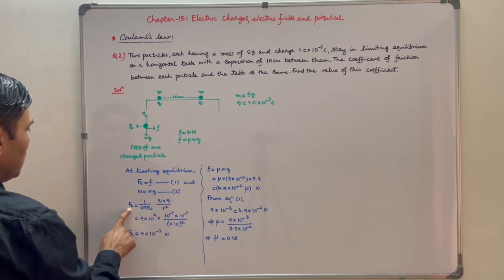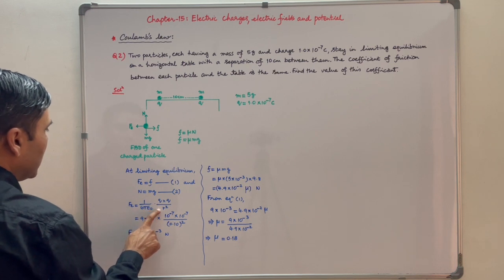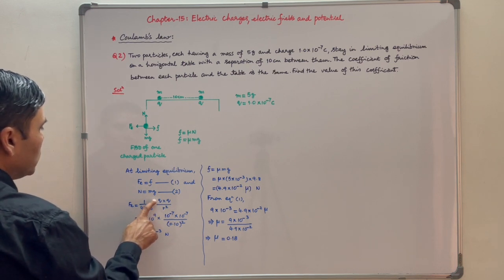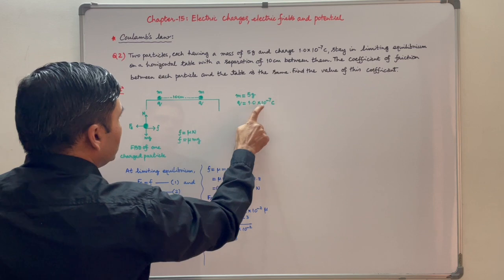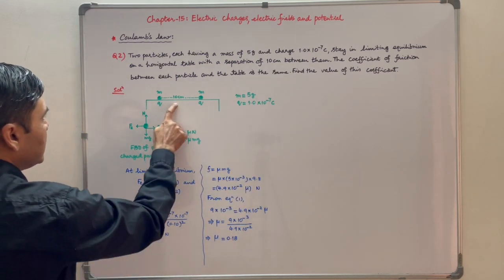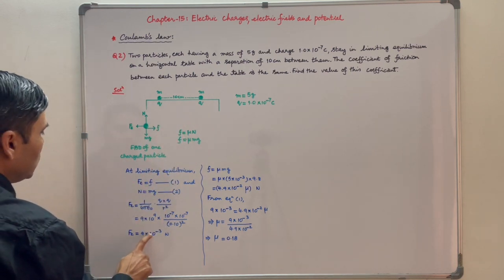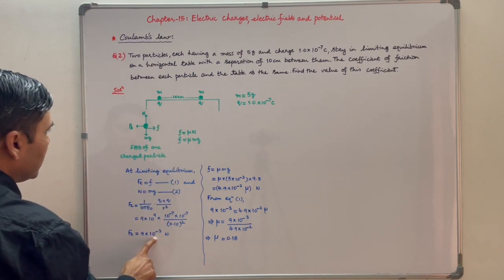Fe is given by the formula 1/(4πε0) q1 q2 / r². q1 = q2 = 1.0 × 10^-7 Coulomb. r is given as 10 centimeter, that is 0.1 meter. So Fe = 9 × 10^-3 Newton.